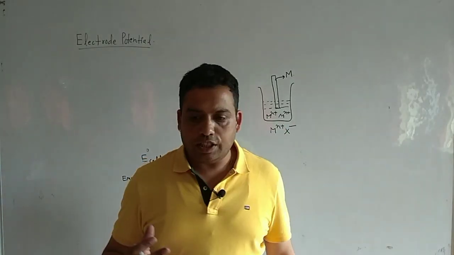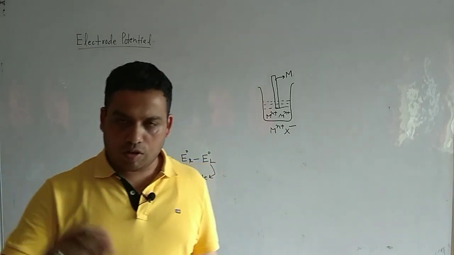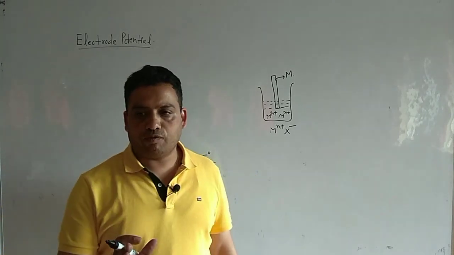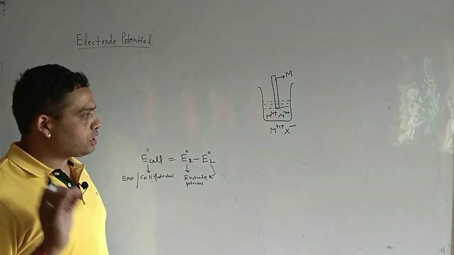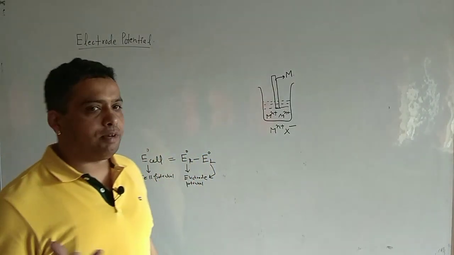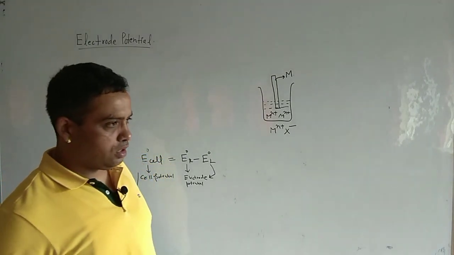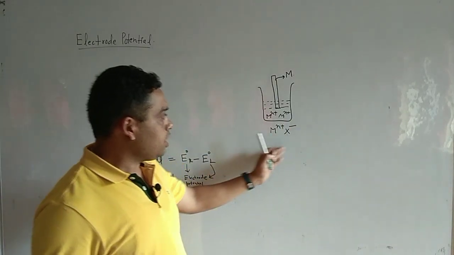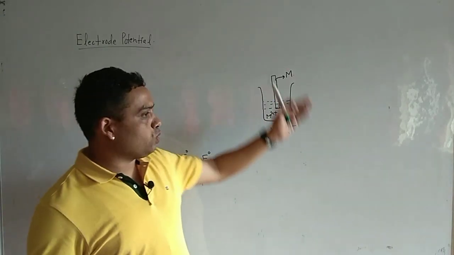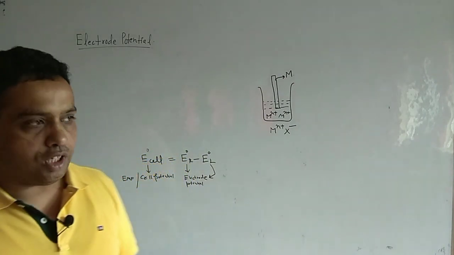Every metal has a tendency to undergo either reduction or oxidation, except for a few metals like the noble metals. They generally don't undergo oxidation and reduction. For other metals, it is always true that they have the tendency either to gain electrons or to lose electrons.